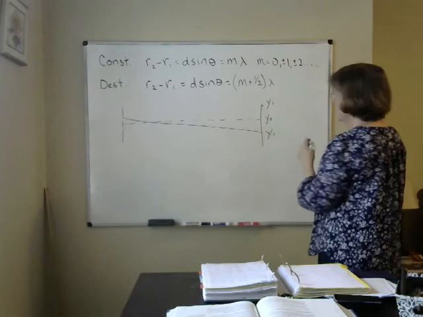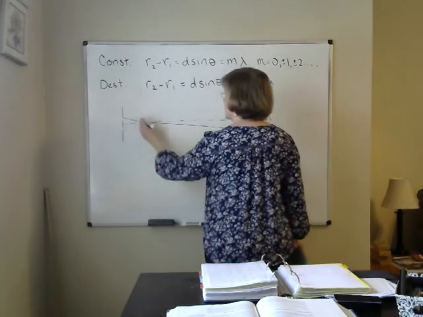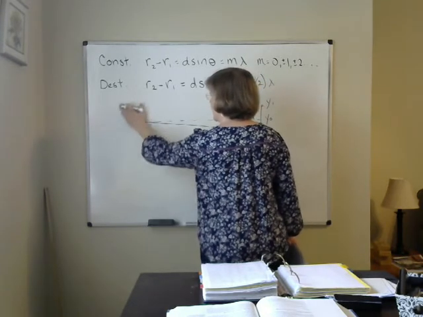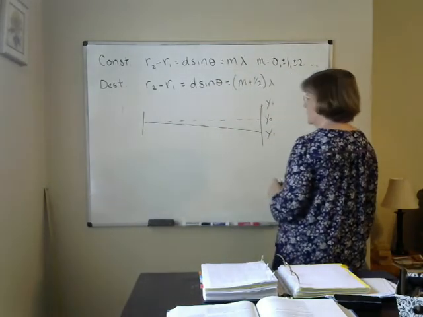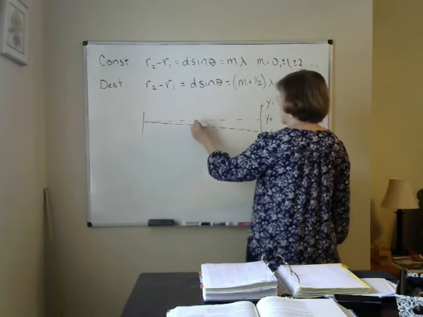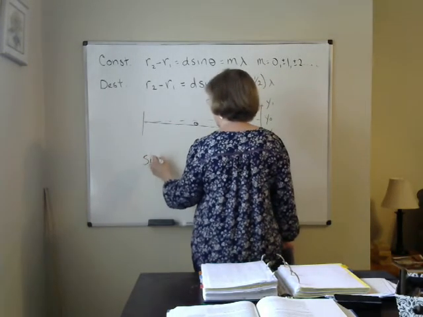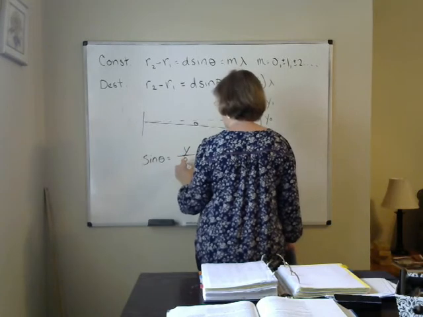This angle is going to be so close together that this looks much more like this. It looks as if this is coming virtually from the same spot. We know that sine theta would equal y over r.